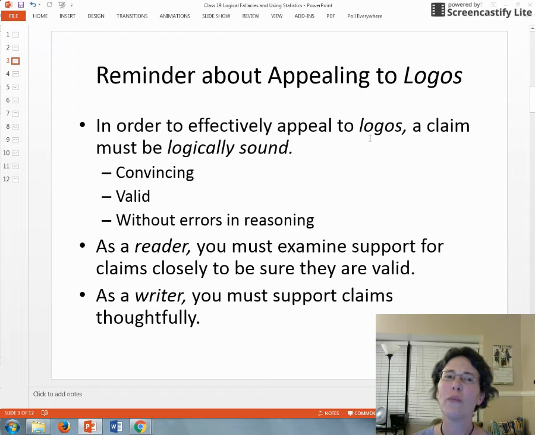So before we move on, I want to remind you of a couple of things about appealing to logos. In order to effectively appeal to the rational, reasonable part of an audience, a claim needs to be logically sound. That means it needs to be convincing, it needs to be valid, and it needs to be without any errors in reasoning. And this is important to you in your role as a reader and a researcher, and in your role as a writer.